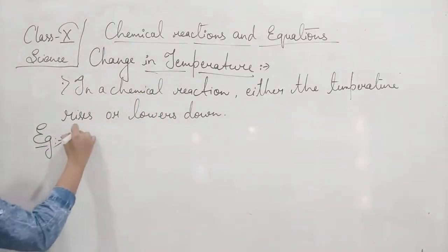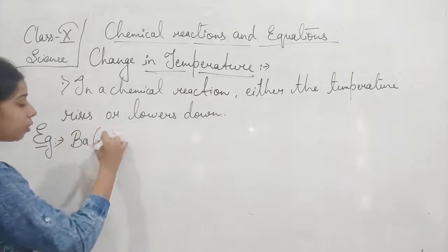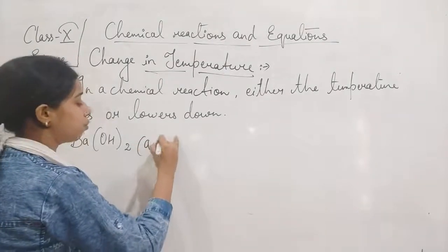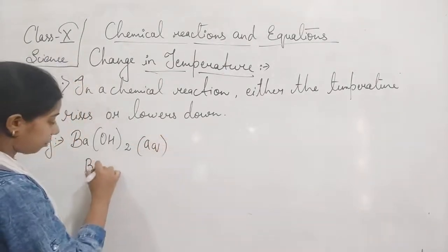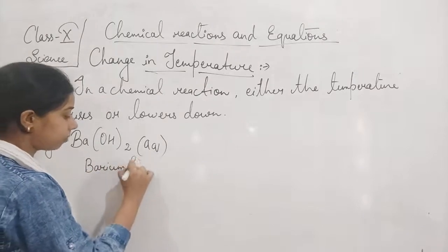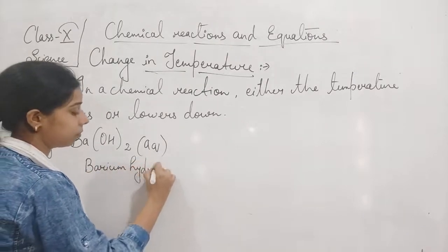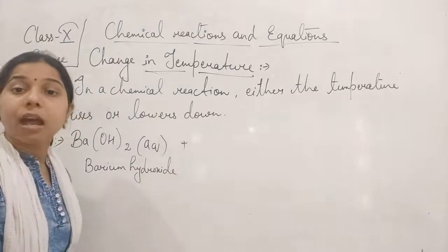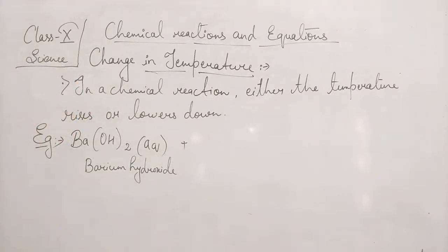The reaction is barium hydroxide. Barium hydroxide is in the form of an aqueous solution, when this barium hydroxide reacts with the ammonium chloride.